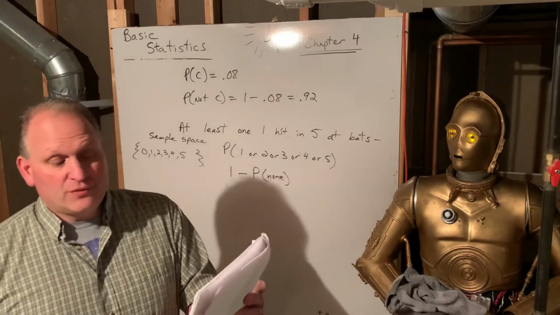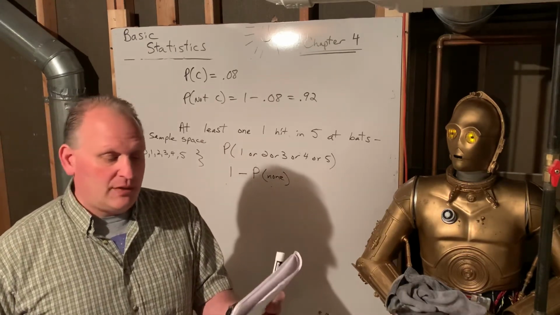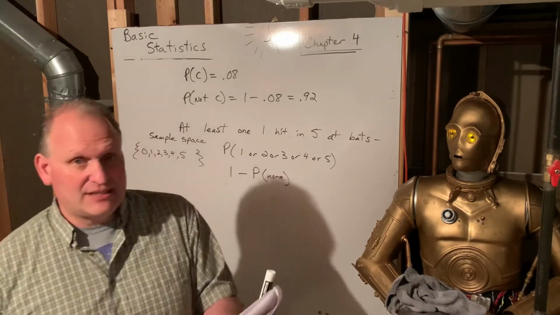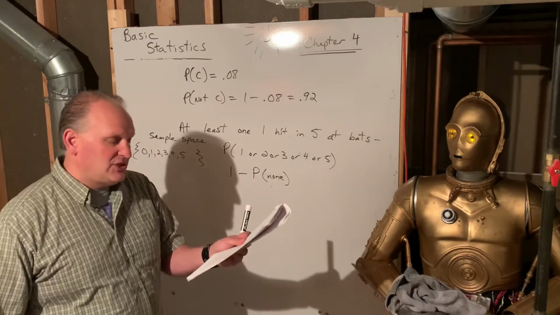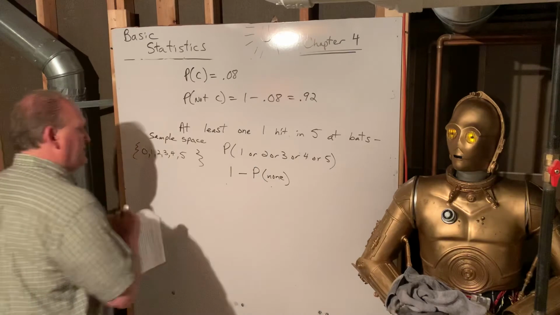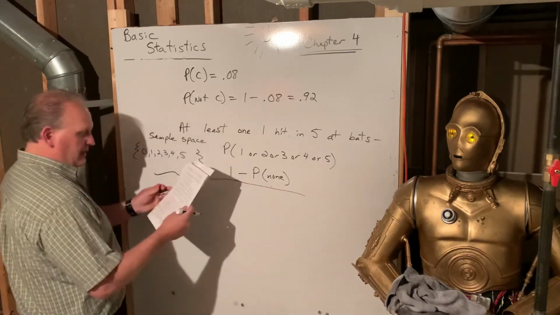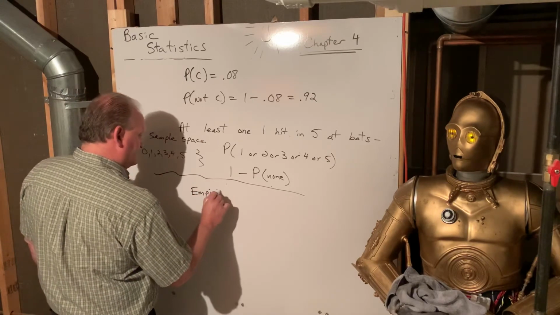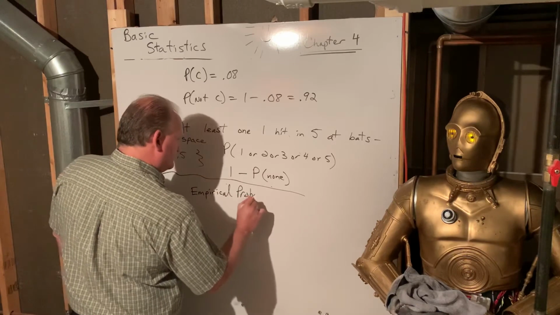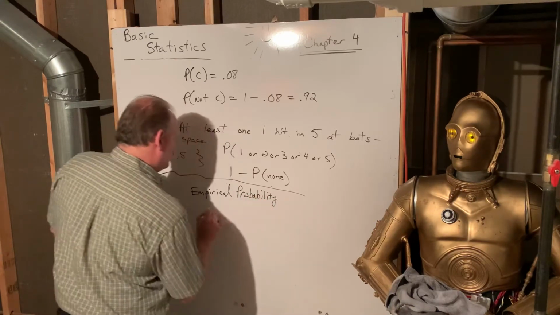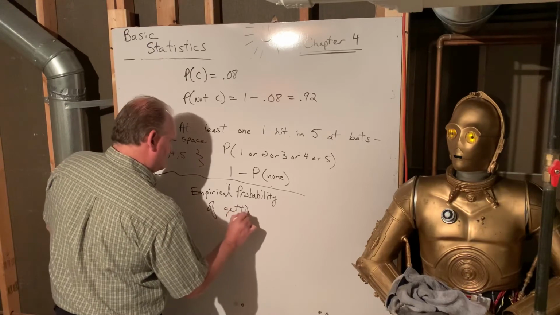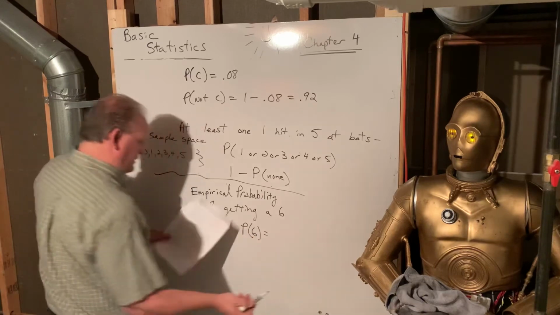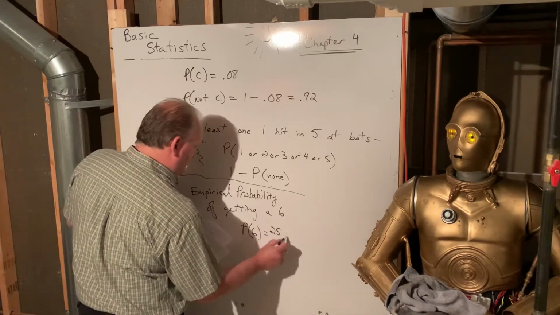For instance, suppose we roll a die 500 times. In those rolls, we get 100 1s, 100 2s, 100 3s, 150 4s, 25 5s, and 25 6s. So 5 and 6 didn't happen that much. So if they want the empirical probability of getting a 6, that would be 25 out of 500.